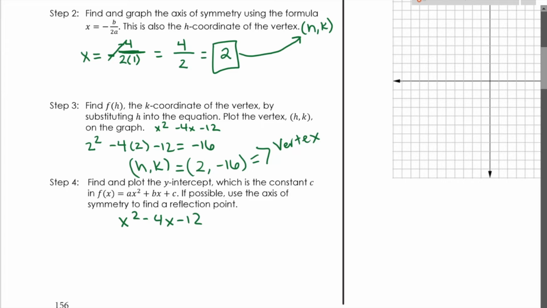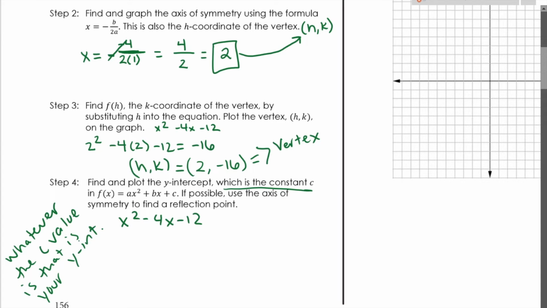Basically what this is saying is whatever c is, that's going to be your y-intercept. So I'll write that down. Whatever the c value is, that is your y-intercept.